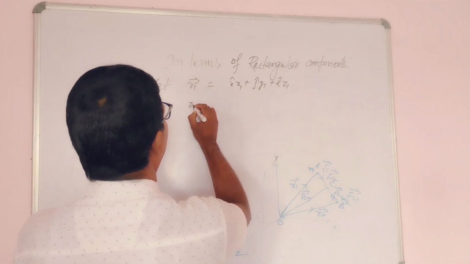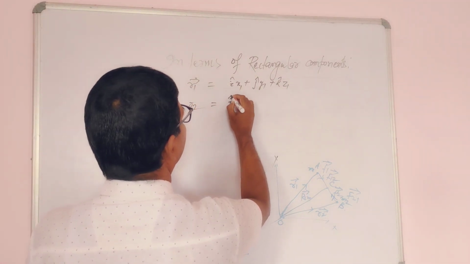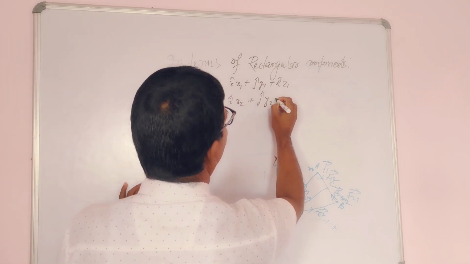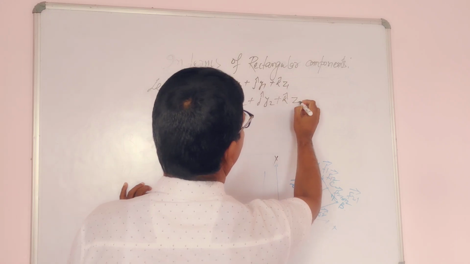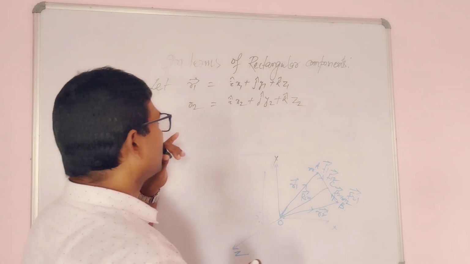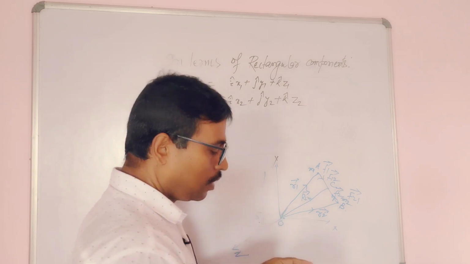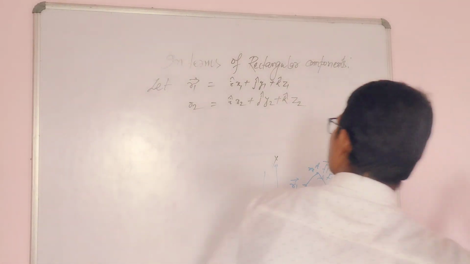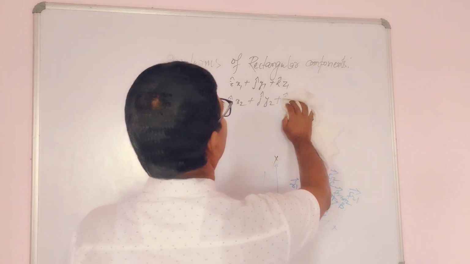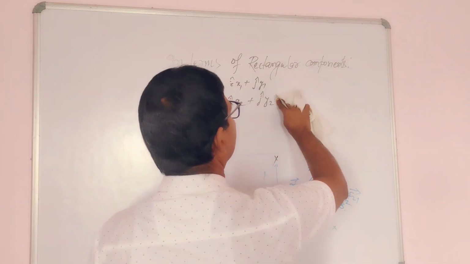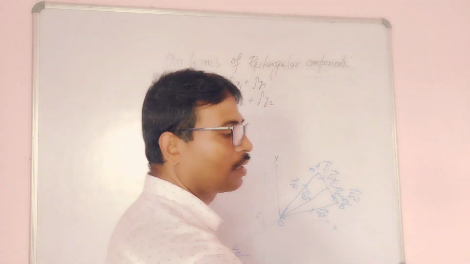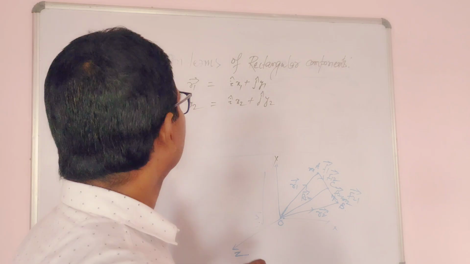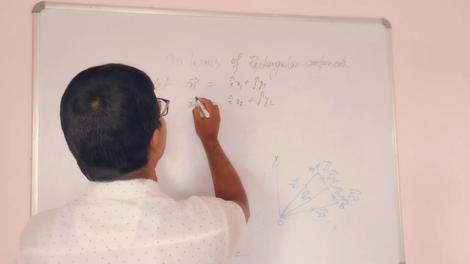Then R2 is equal to i cap X2 plus j cap Y2 plus k cap Z2. If we are considering two particles, you take only the xy plane. When you assume three particles, you will take x, y, z.